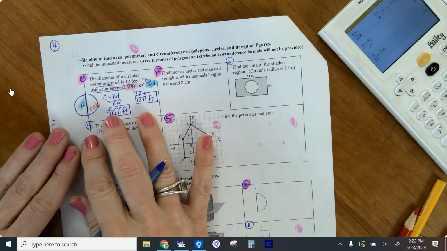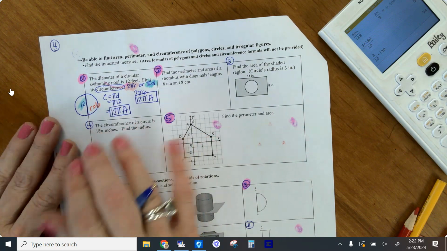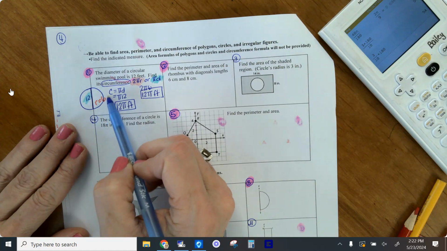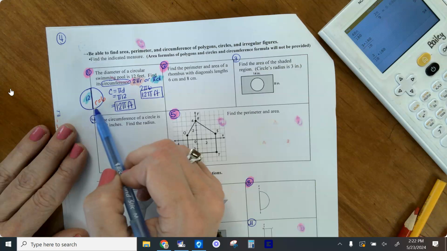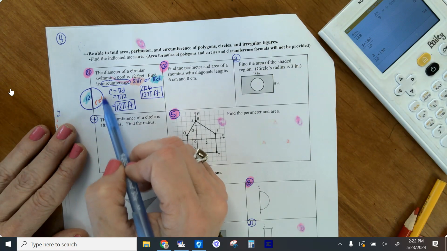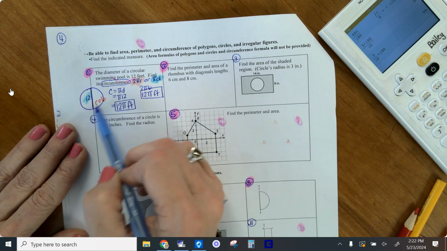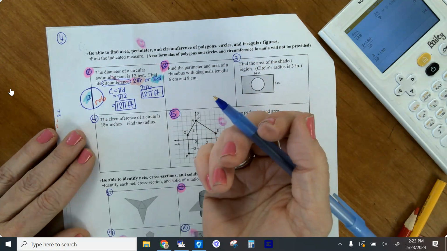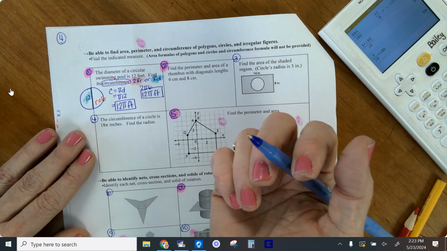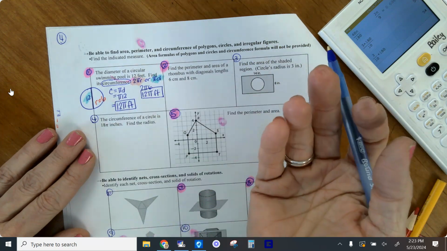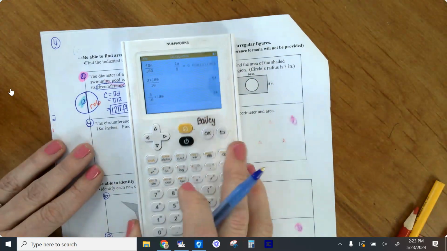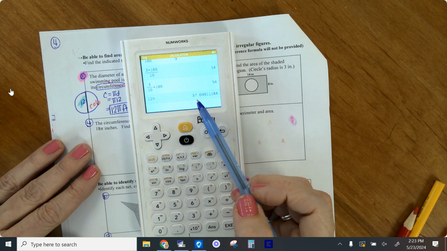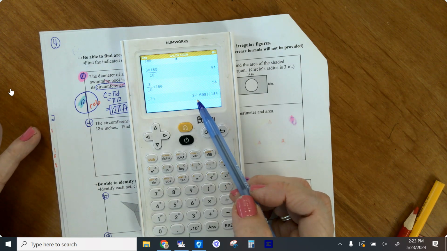Now, let's say that you are building a swimming pool and you need the materials that are going to go around the edge of your pool. Maybe you're putting some bricks down, maybe you want landscaping around your pool. Whatever the reason, you wouldn't go to Home Depot and say, hey, I need 12 pi of edging, please. They won't know what you're talking about. So you would need the 12 pi converted to a standard answer, and that would be 37.699.